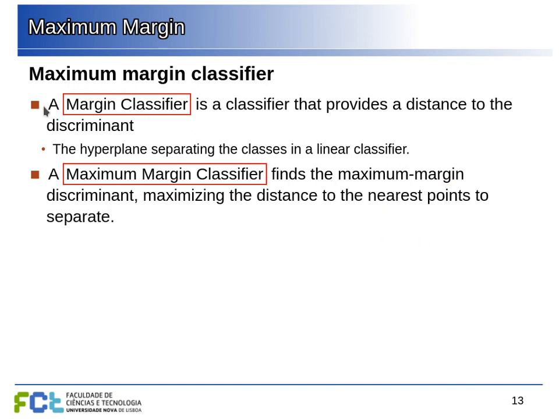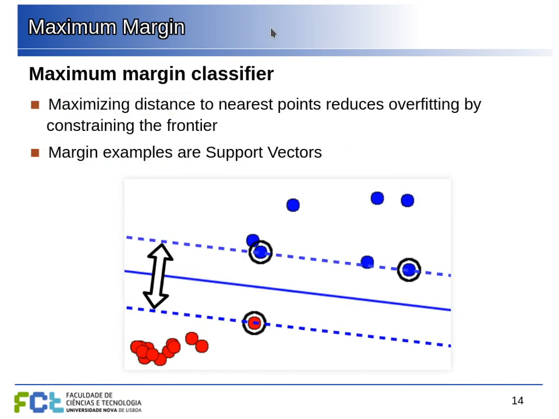So in general, a margin classifier is one in which we can measure this distance. We can measure the distance between the discriminant and the points. And a maximum margin classifier is one that tries to maximize the distance to the nearest points. We can see in this diagram, this would be the discriminant, where we separate the two classes.